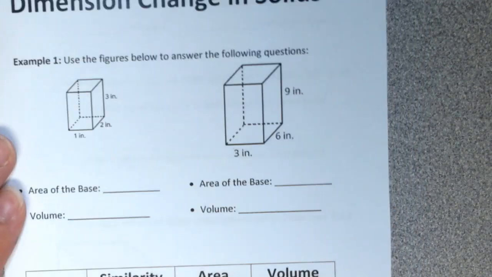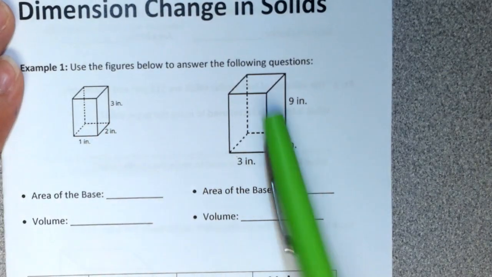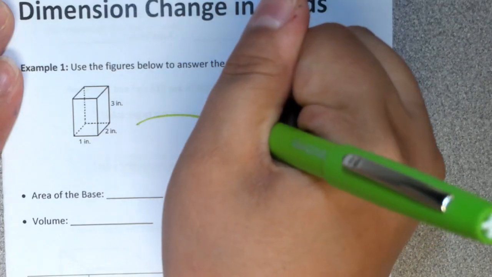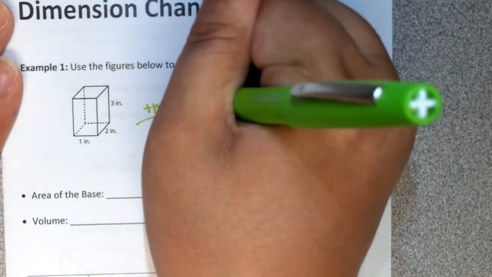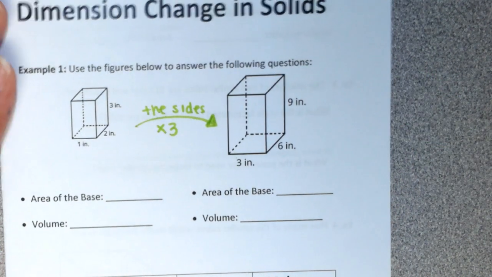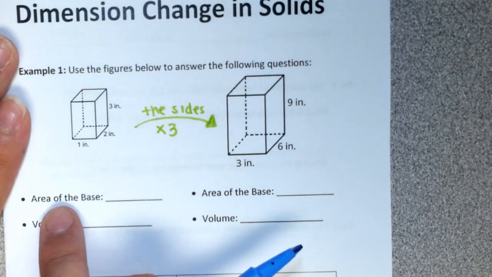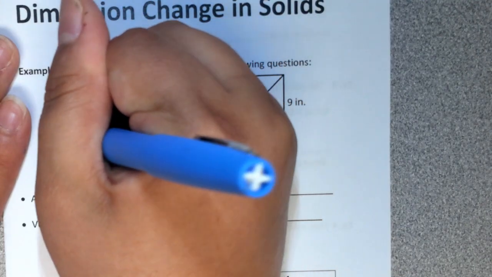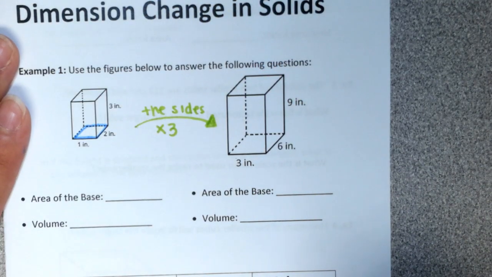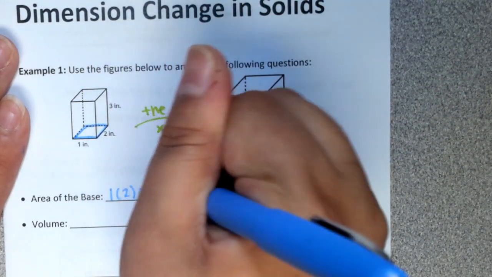Now let's go up to the top. What is happening from this prism to this prism here? The sides are times 3. Do y'all agree they're 3 times bigger? Yeah, all of the sides are 3 times bigger. Well, what's going to happen to the area of my base? How do you find the area of this base down here? Base times height, which would be, what's 1 times 2? 2 inches.